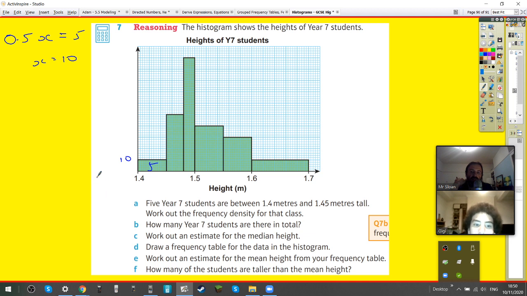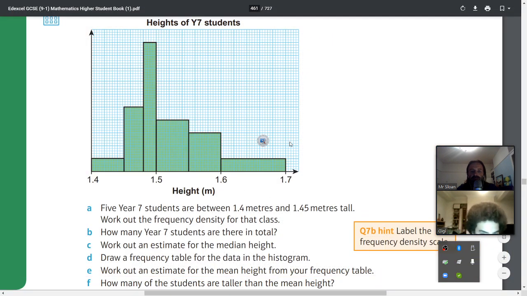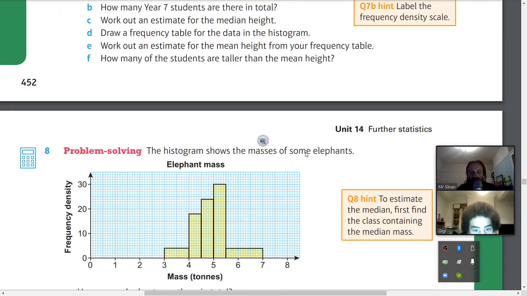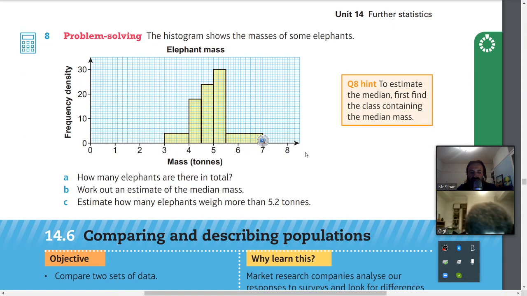The frequency density. So 10 times, yeah, because that's a half. 1.45. Yeah, so it should be frequency density is 10 for that one. Yeah, these questions, they're not easy. So an estimate for the median.